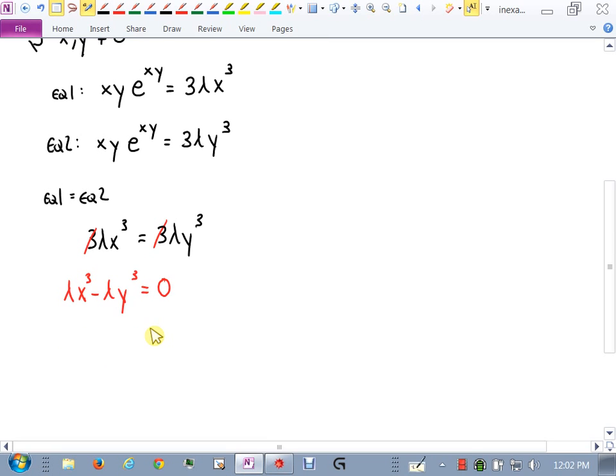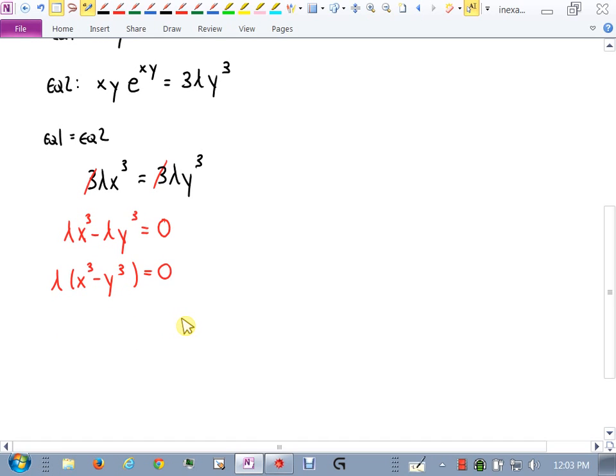What can I factor out of the left here? Lambda. Set lambda to 0.